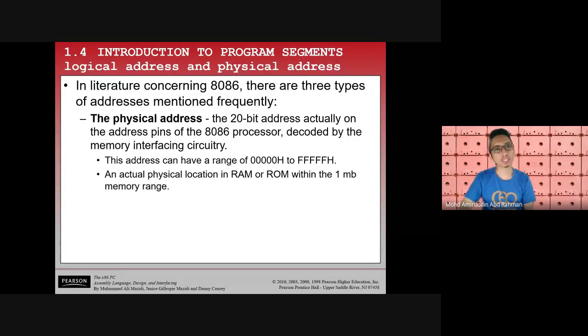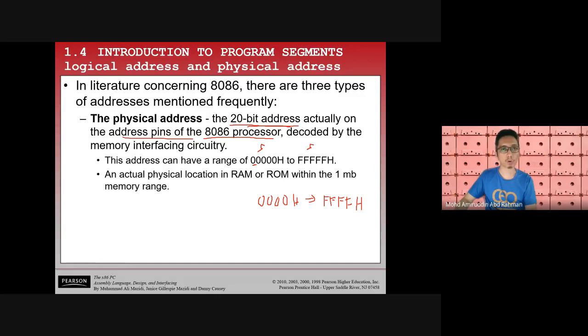Because it is a 20-bit address, we add one more digit. Previously, with 16 bits, we could only have 4 hex digits, from 0000H to FFFFH, which is the maximum for 16 bit.